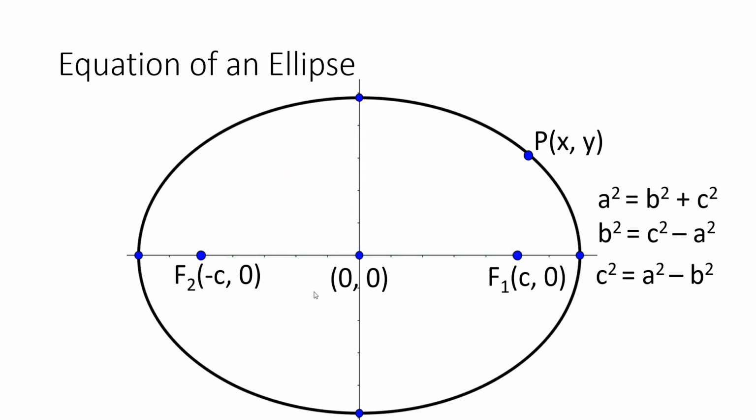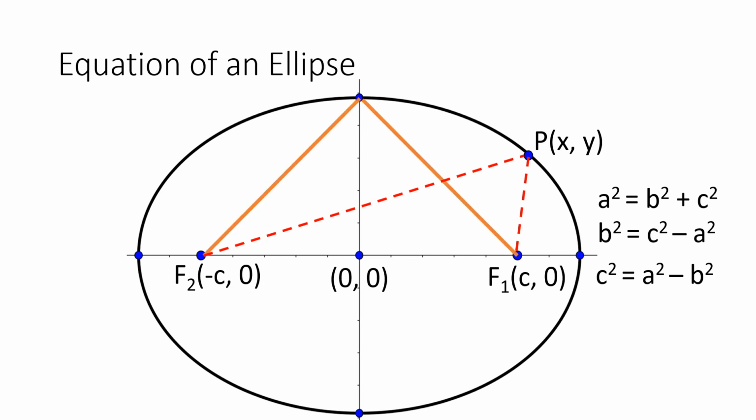Now, if we are going to connect the foci to the point P, we have to remember that the sum of these segments, F sub 2 P plus F sub 1 P, is the same as this segment, and this segment is 2a.